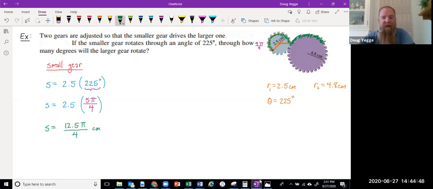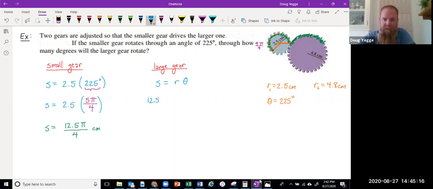Okay. So we're going to take that amount now and recognize that for the large gear, we're being asked to find out through what angle, through how many degrees will the larger gear rotate. All right, so we should be using the same formula, S equals R theta, except now we have 12.5 pi over 4.